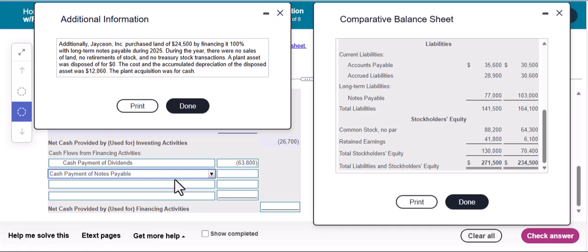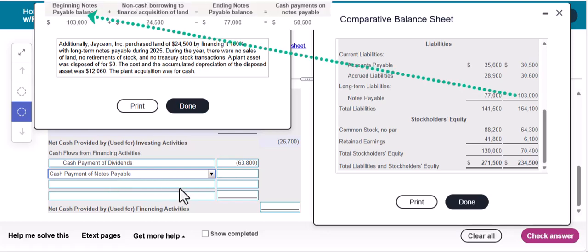So what we're going to want to do here to get this cash payment of notes payable, we're going to take the beginning notes payable balance of 103,000, and then we are going to add non-cash borrowing to finance acquisition of land. So that's that 24,500 that we're adding. And then we subtract ending notes payable balance.